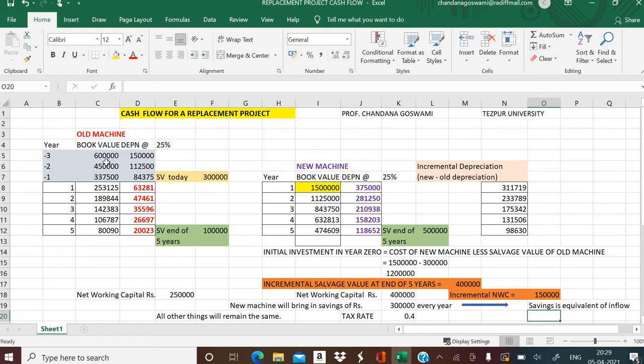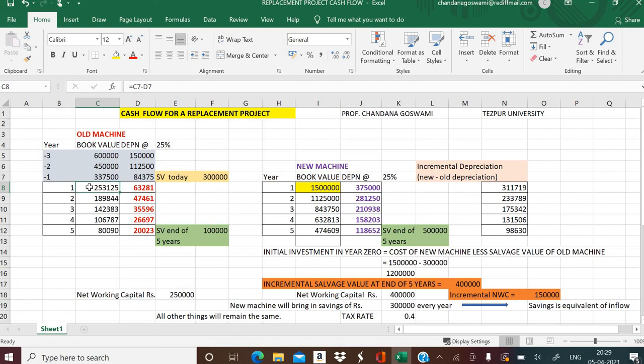So what we are going to do first is we will calculate the depreciation of this old machine. Depreciation rate is given as 25%. So when you depreciate this machine for 3 years, you land up with a book value of 2,53,125.